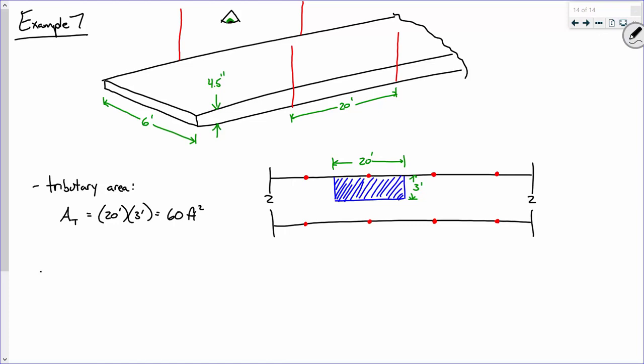So the live load is just 6 kips. Does that make sense? That one should be pretty simple.